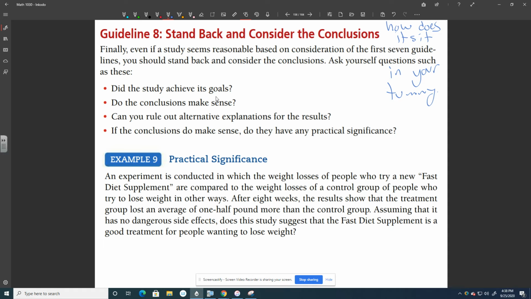First of all, did this study achieve its goals? Did it find what it was trying to prove or disprove? Do those conclusions make sense? So going back to that homework study, does doing less homework improve students' scores make sense at all? You show me one place in life where practicing less makes you better, and we can talk.